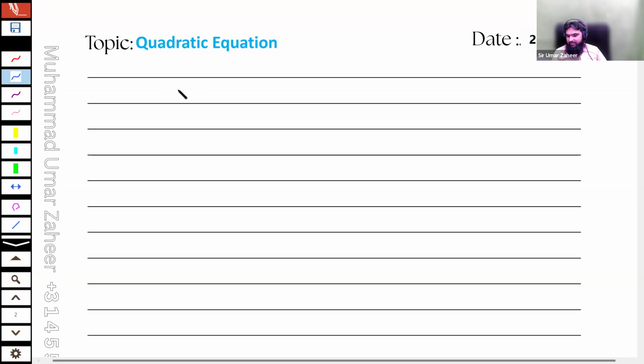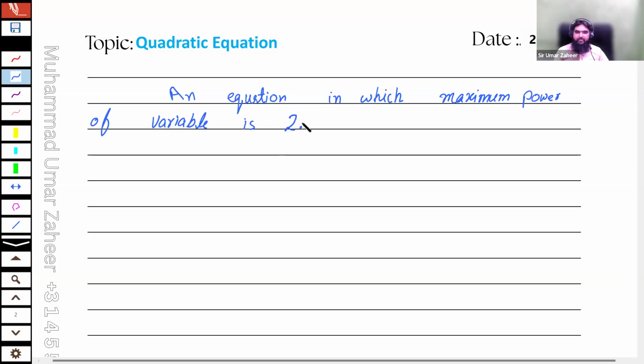So an equation in which the maximum power of the variable is 2, such types of equations are known as quadratic equations.